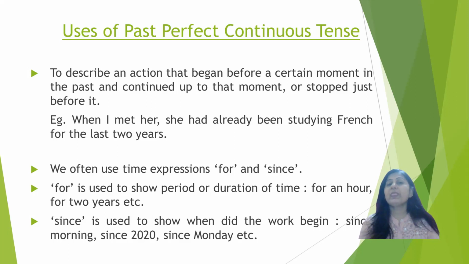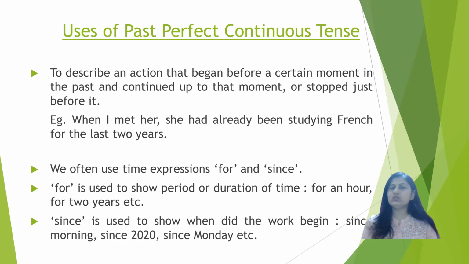Where to use? When some action in the past is given and this action was over before it only. When I met her, this is a past action, but before that only this next action was over. She had already been studying French. And here in this case we use for or since to show the time expressions.